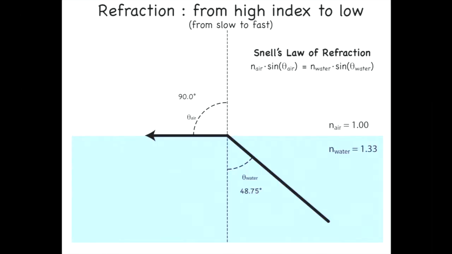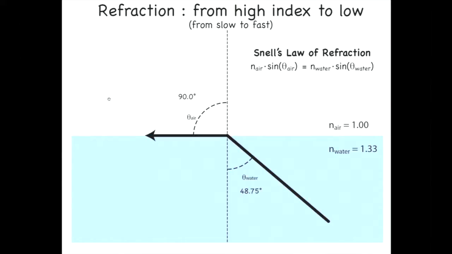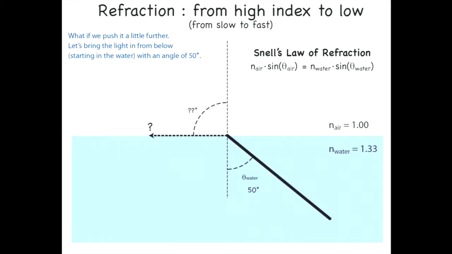Now, what happens if I go even a little further and bring the light coming in from, say, 50 degrees, which is clearly larger than 48.75 degrees? Let's look at it mathematically. To get the angle in air, you take the arc sine of n water over n air times the sine of the angle that it came in with.